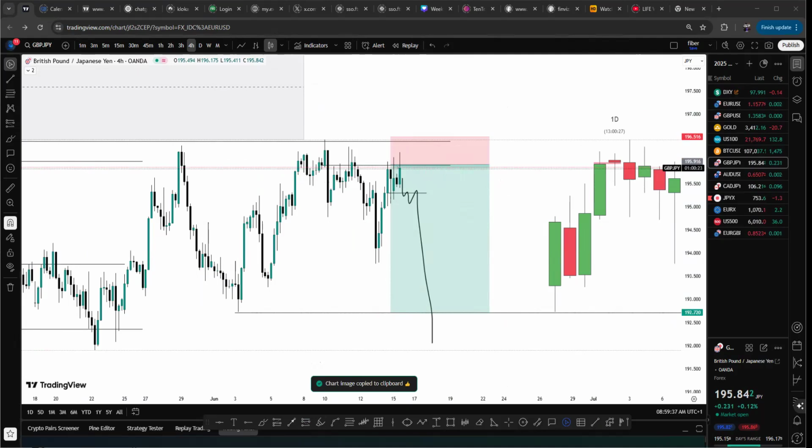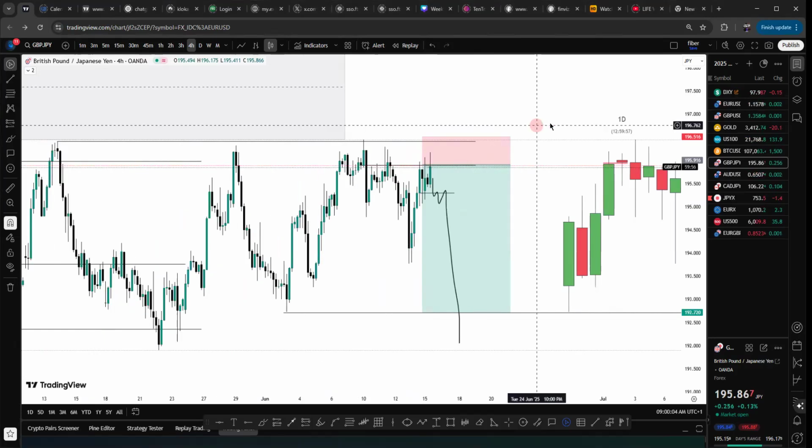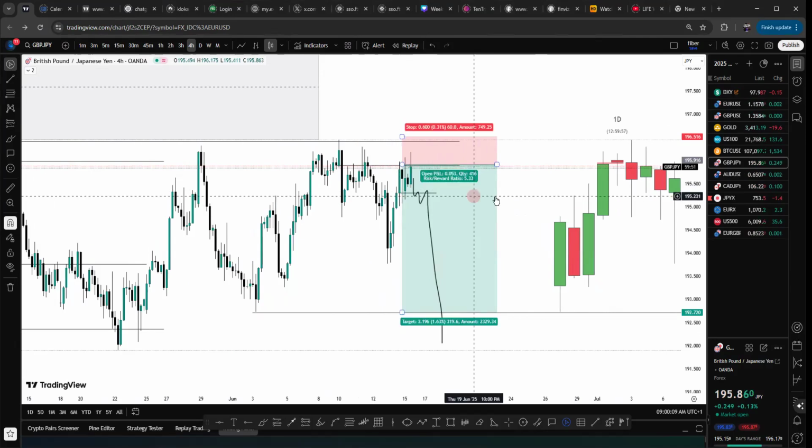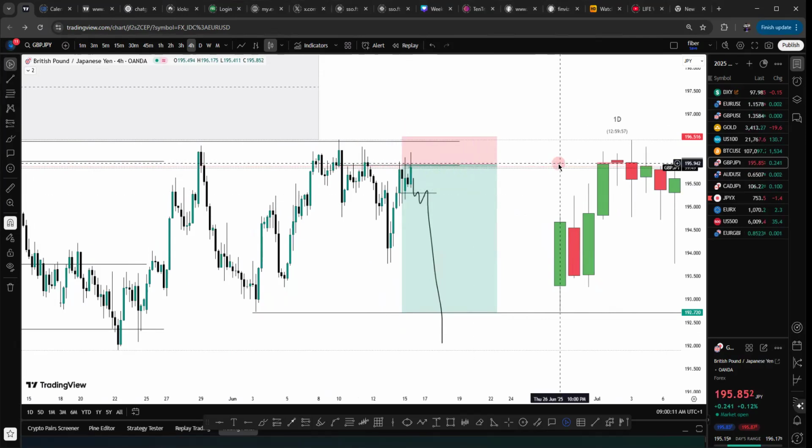I think I'm going to enter that trade again after this lesson. So that's it for GBP-JPY. But if price closes below this, it's going to add more confirmation to that particular trade.